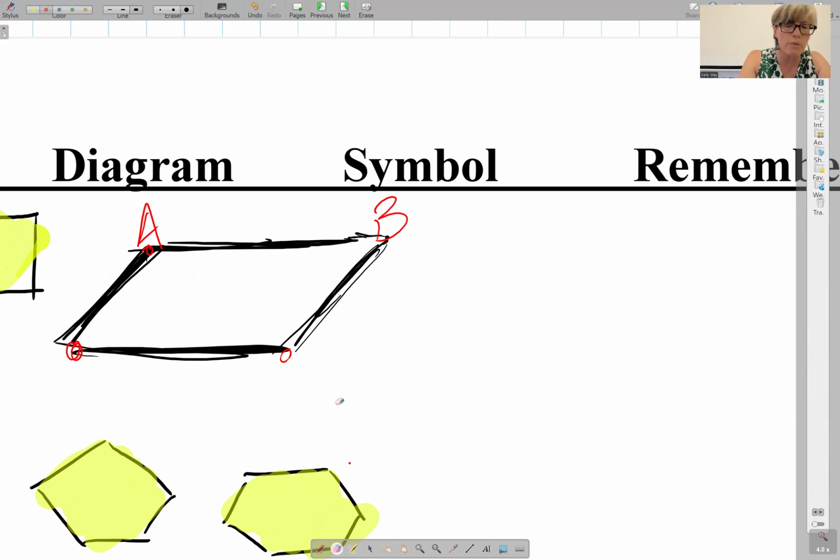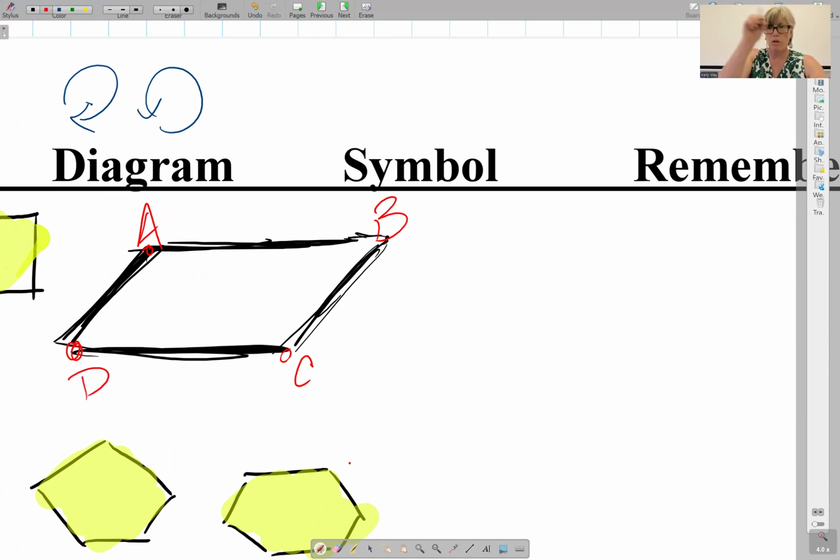So to properly label this, I'm going to follow. You can go clockwise. You can go counterclockwise. I'm going to go clockwise here, A, B, C, D. Got it? Okay. Clockwise or counterclockwise. No zigzag labeling. The symbol for a plane: we use a minimum of 3 points to name a plane.